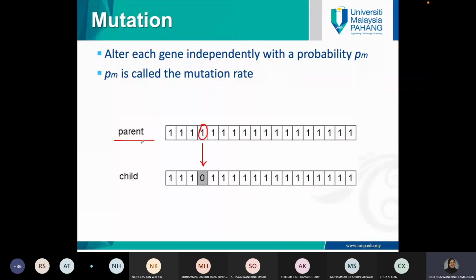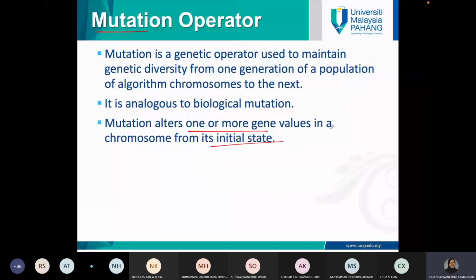So this chromosome has been mutated and creates a new offspring, the mutated offspring. It becomes 1, 1, 1, 0 and 1, 1, 1, 1, 1. That's the mutation process. You can also change multiple genes, as mentioned here, one or more genes.